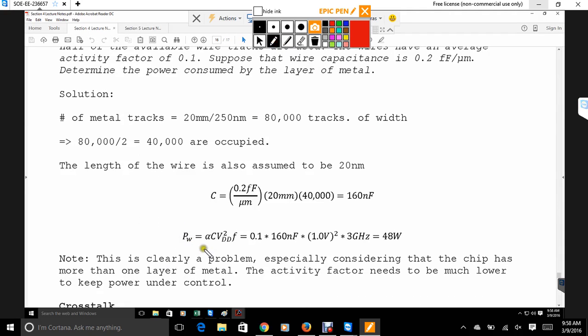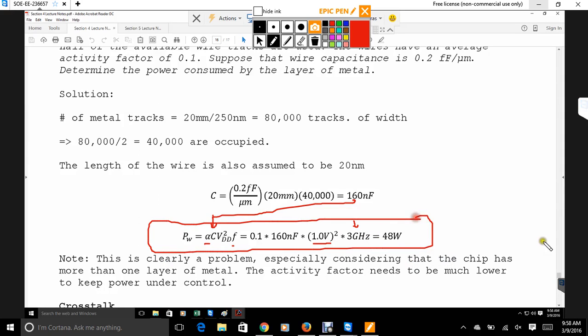Here we plug in 0.1, our overall capacitance of 160 nanofarads, a supply voltage of 1 volt, and a frequency of 3 gigahertz. In this particular case, it comes out to 48 watts, which is very, very high. That's not something you typically want.